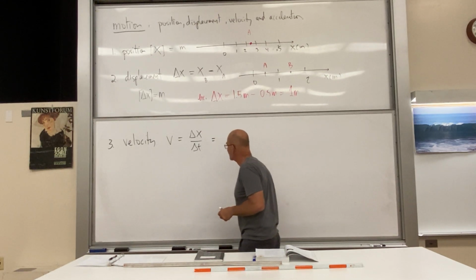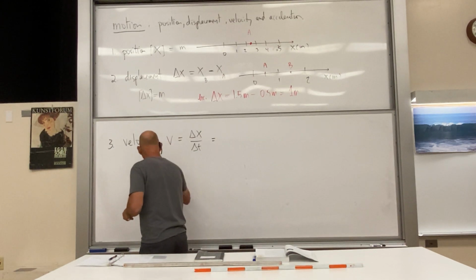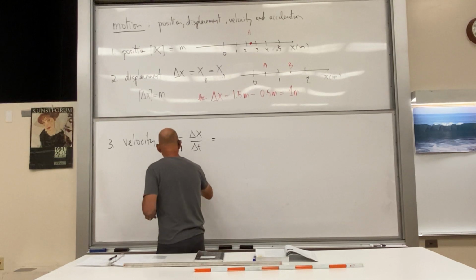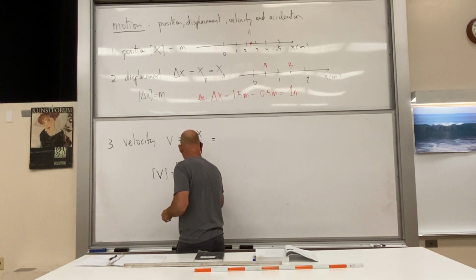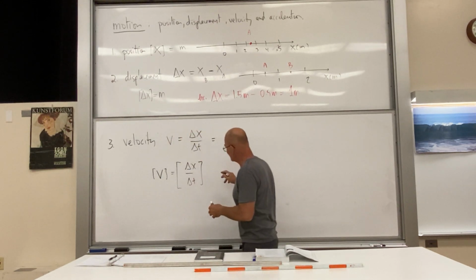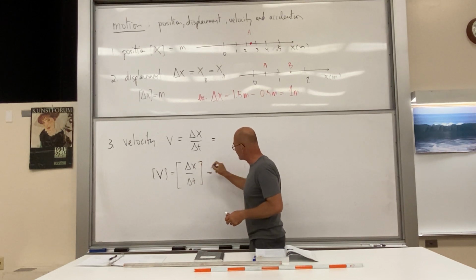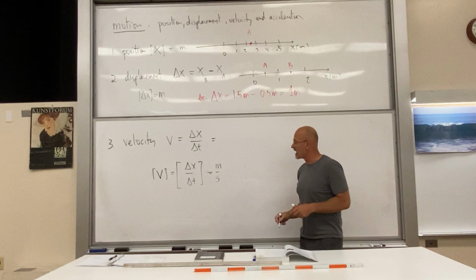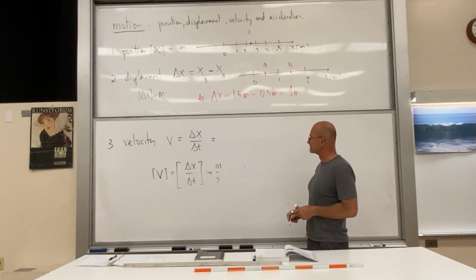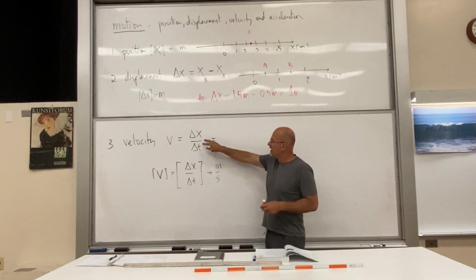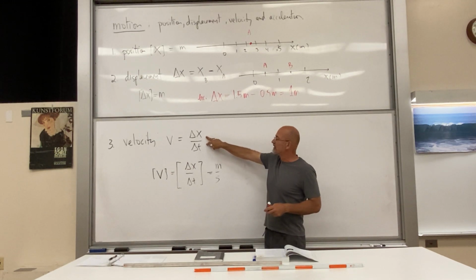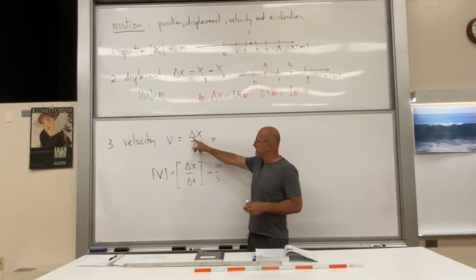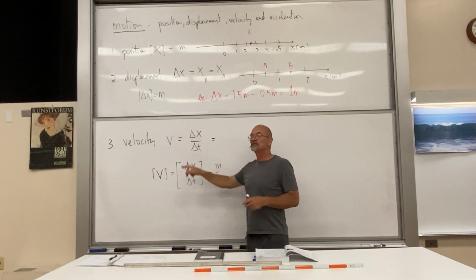And let's make sure we see what the units are. We talked about these the other day. Delta x over delta t. The square bracket means we're just asking what the units are. So here we have meters, here we have seconds. So the velocity is meters per second. This also leads us to think about a definition in calculus where instead of delta, we could say dx over dt.